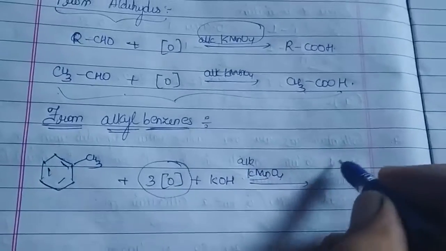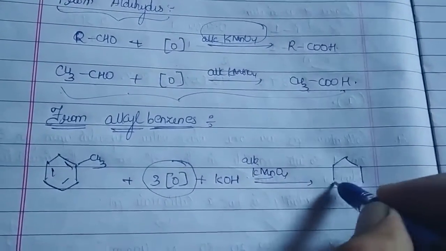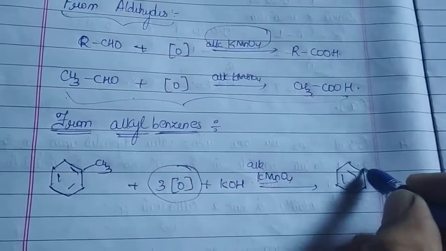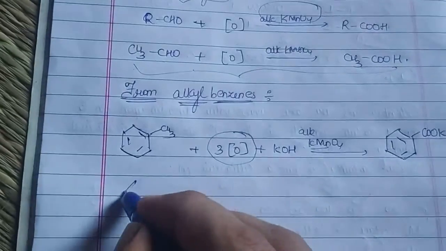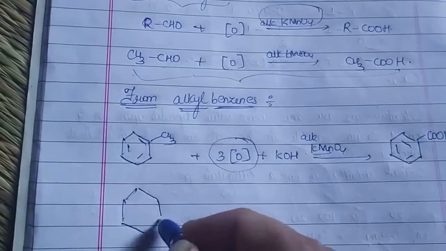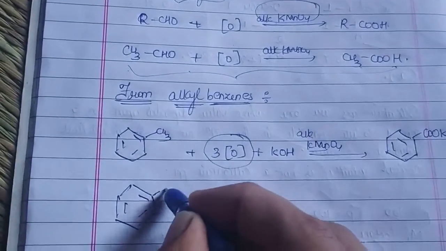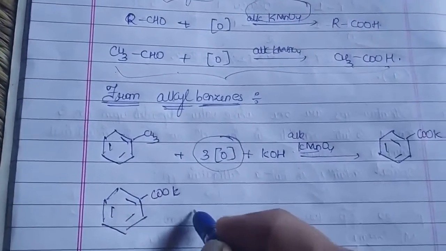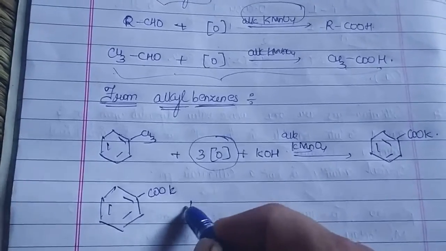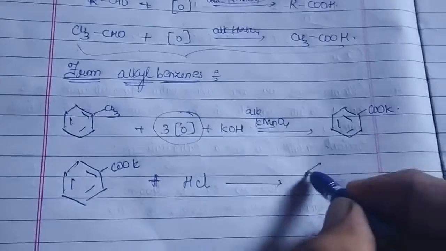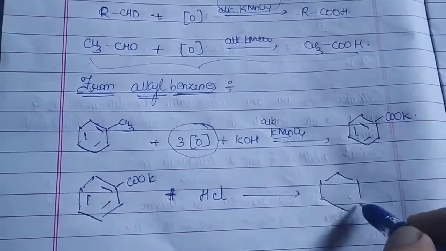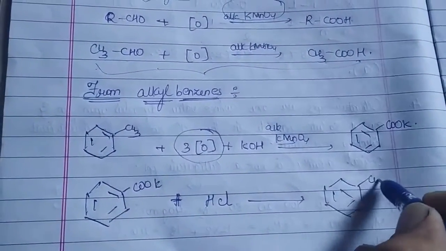First, what you are going to get is the potassium salt of benzoic acid. Then on acidification, you can use HCl, and you will get the corresponding benzoic acid.